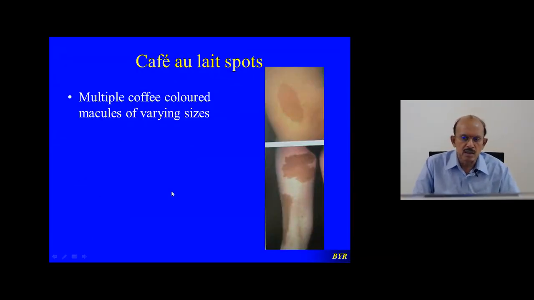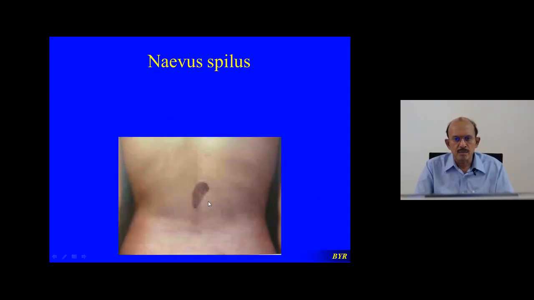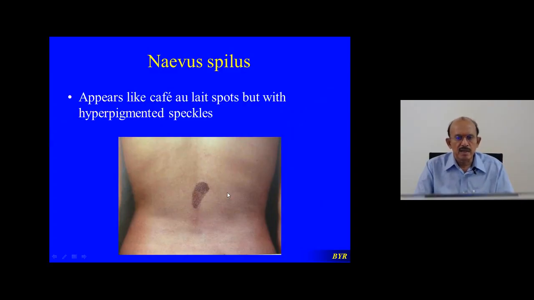Café-au-lait spots, we have just discussed, may be associated with multiple neurofibromatosis. So it is multiple coffee-colored macules of varying sizes. They are associated with multiple neurofibromatosis. Nevus pilus appears like a café-au-lait spot but with hyperpigmented specks.